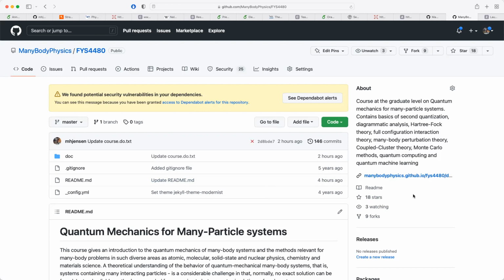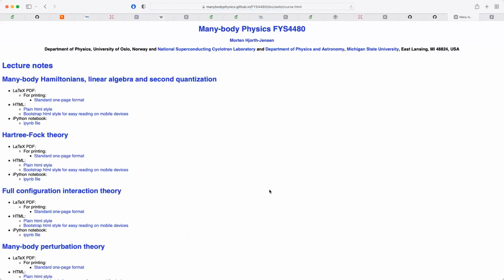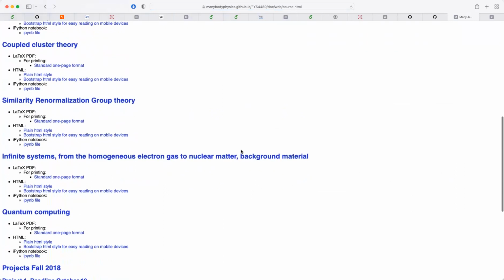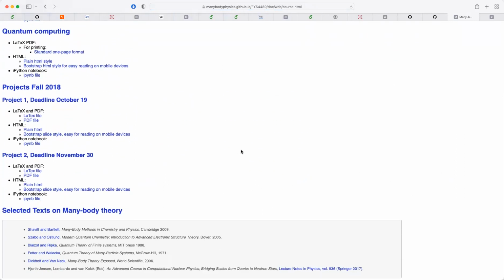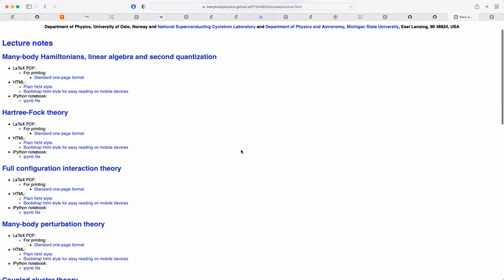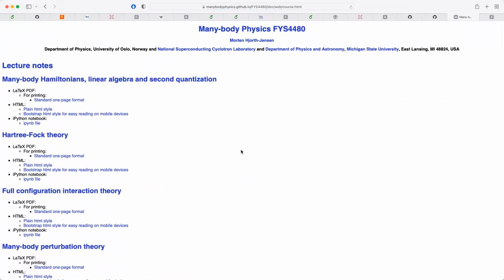You will find the weekly teaching material along this link here. Actually, this is a link which didn't update properly. I don't know why, but I'm going to click on some of these links here, and then you can take a look at it if you do a Git pull of the material. So let me just go back here.